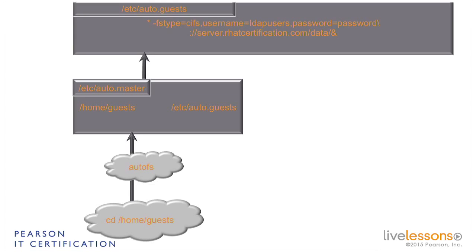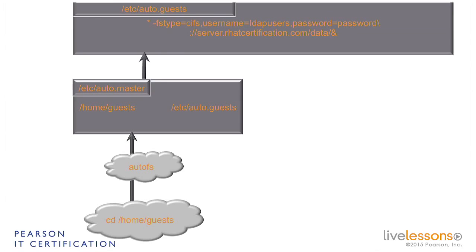And in this file you can see the specification of what is supposed to happen. So if someone goes to *, which is any directory in /home/guests, like ldapuser1 or ldapuser2 or whoever is trying to access his home directory, as long as it is in /home/guests, there is going to be a CIFS mount, and the CIFS mount needs a couple of mount options, and that is the part that starts here with -fstype and goes all the way through the end of the line that finishes with password.